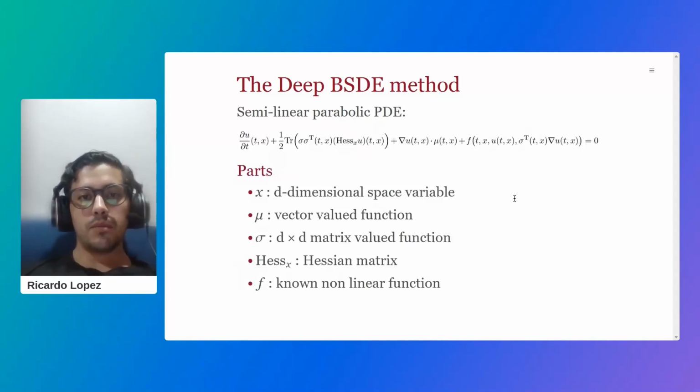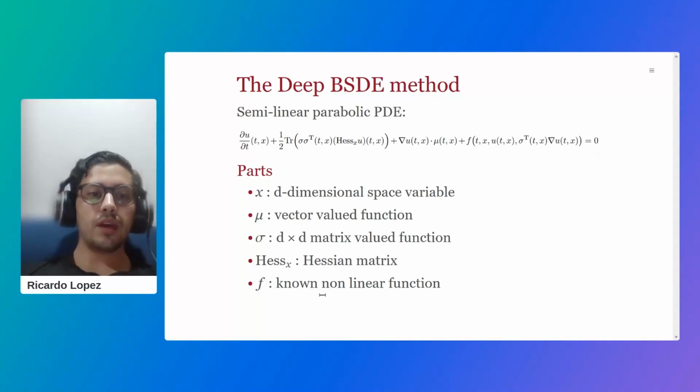So the nonlinear parabolic differential equation that we would want to solve is this one right here. So this is our goal, where x is not the usual spatial variable, but it's a d-dimensional space variable. So this can have many dimensions. Mu is a vector valued function, as well as sigma is a matrix valued function.